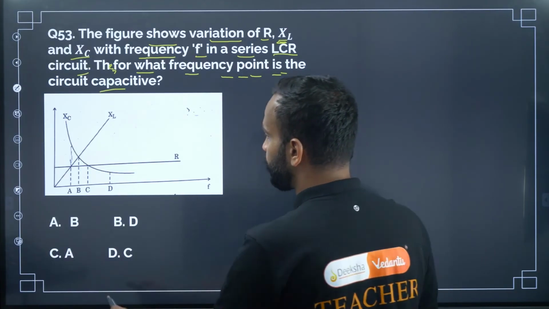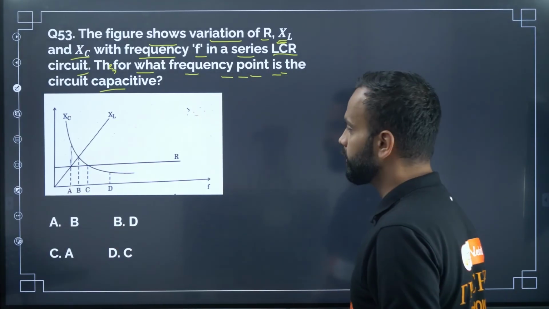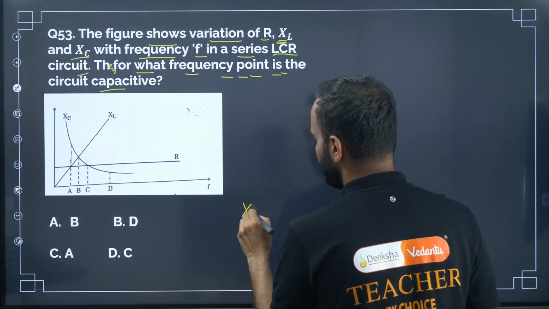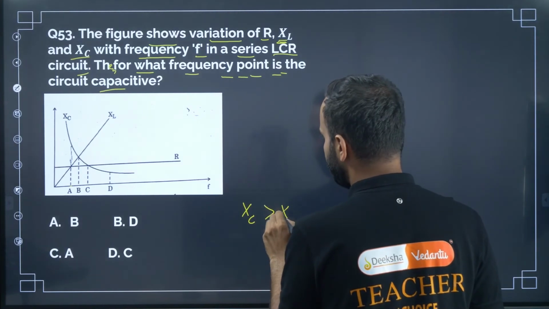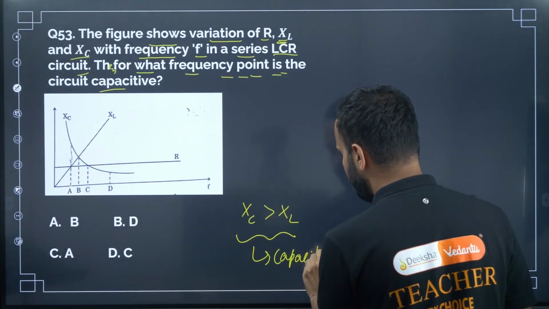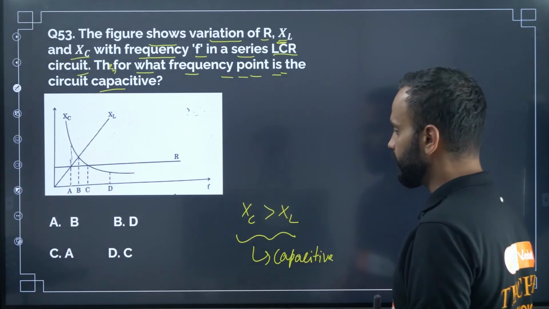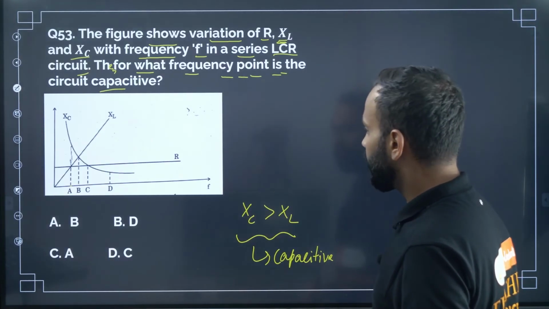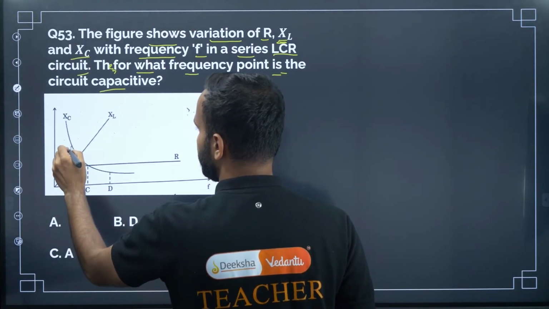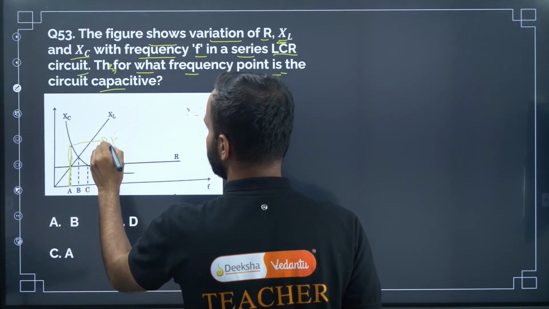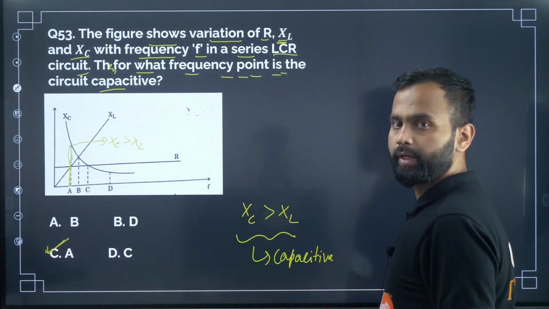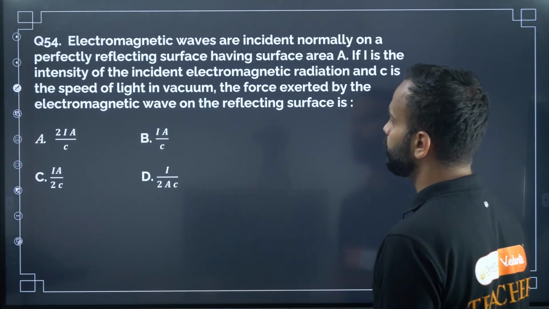The circuit is capacitive when XC is greater than XL. So at what point is XC greater than XL? At A. See here, at A, XC is greater than XL. So the correct option is C. Understood?